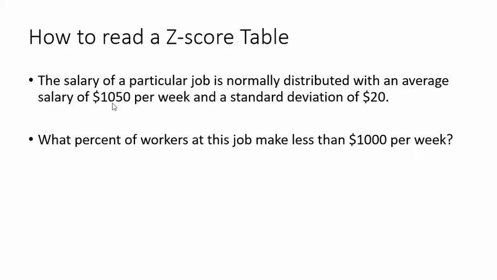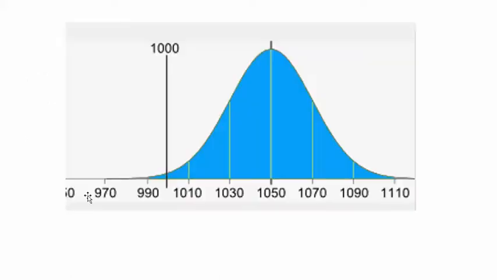Okay, we got our average here, standard deviation, and we want to know what percent make less than $1,000 per week. So let's take a look at this as a picture. We have normally distributed salaries, this bell-shaped curve. We've got our average salary of 1,050, and our standard deviation of 20. If we want to think about z-scores, we're thinking about how many standard deviations from the mean.